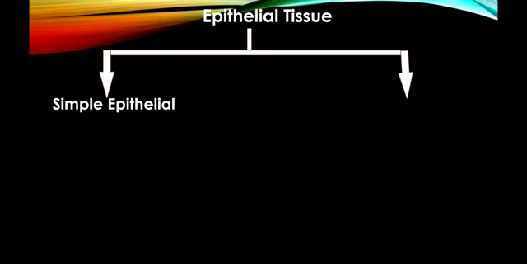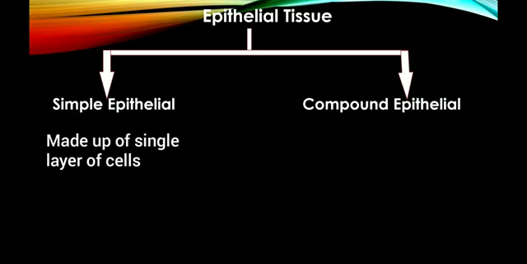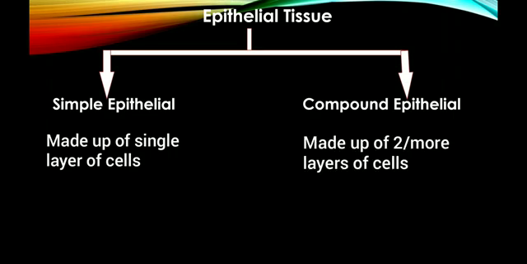They are simple epithelial tissue and compound epithelial tissue. Simple epithelial tissue means they are made up of a single layer of cells. Compound epithelial tissue means they are made up of two or more layers of cells, and among these, the lowermost layer rests on the basement membrane.